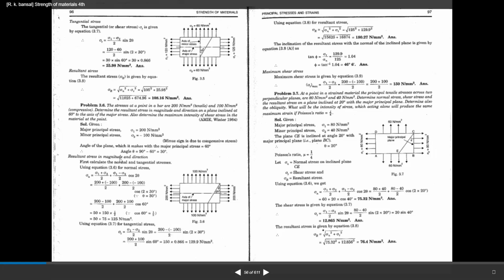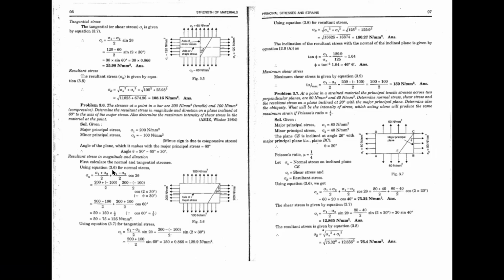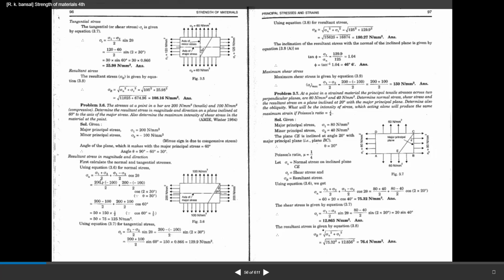Resultant stress in magnitude and direction. First calculate the normal and tangential stresses using equation 3.6 for normal stresses, to calculate the sigma n value and the sigma t value. See the diagram to continue the problem. A negative sign indicates the compressive stress.